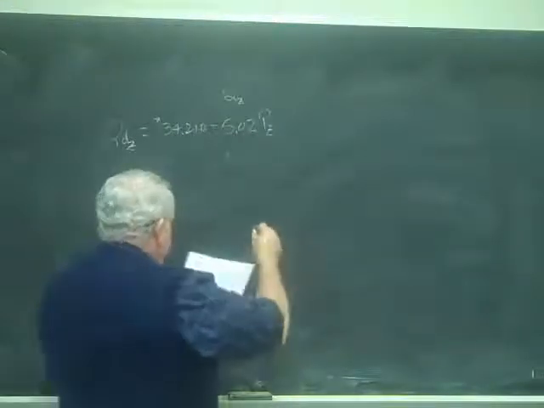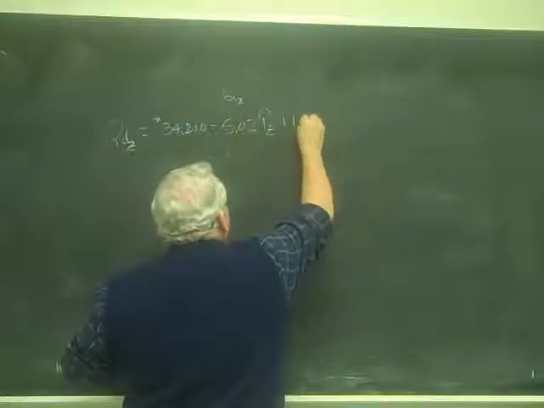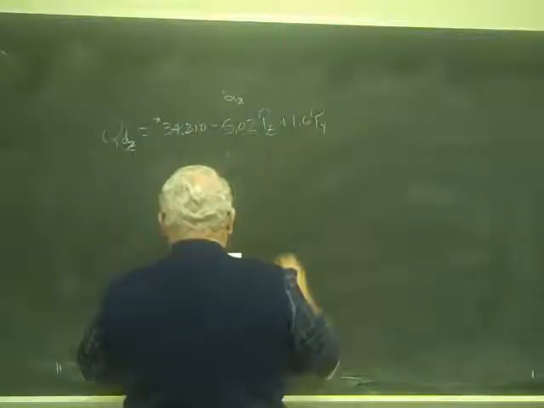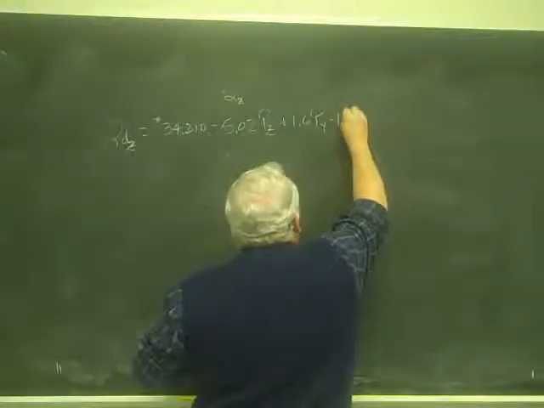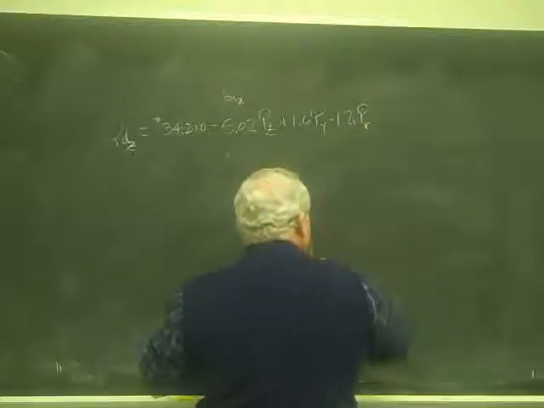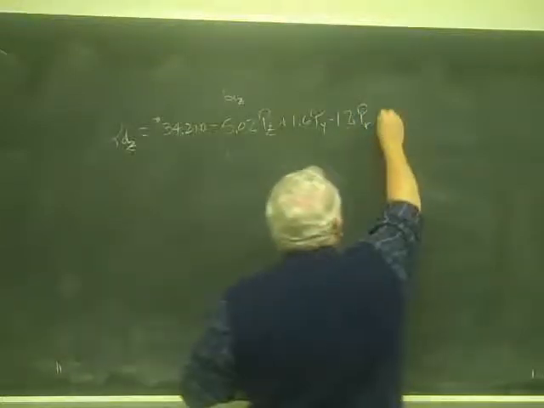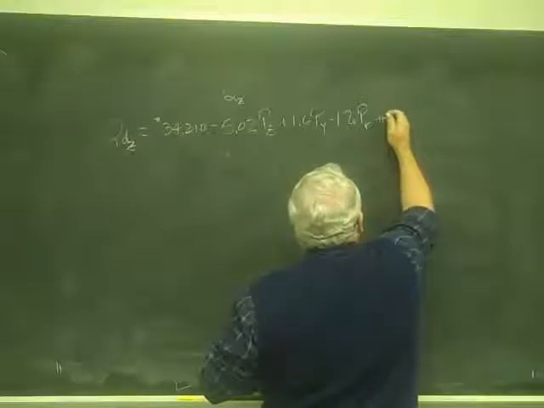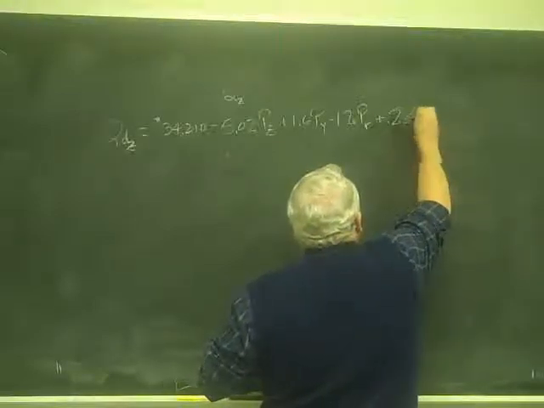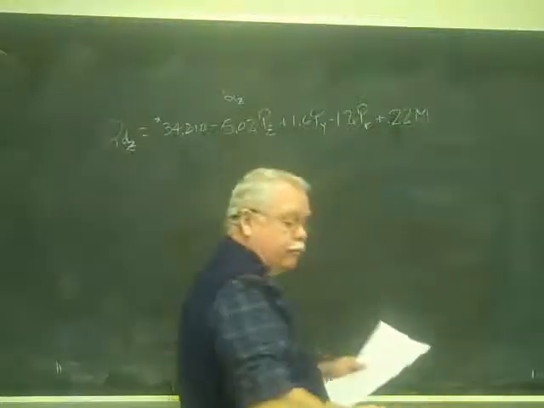Let's write out the rest of this equation. Plus 1.6 price of Y, minus 1.2 price of R, plus 0.22 M, where M stands for income.